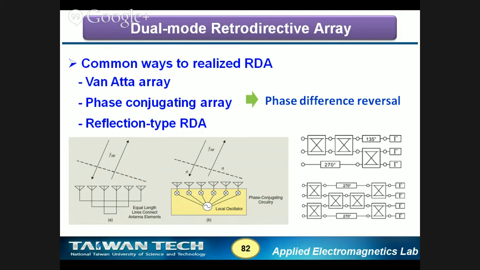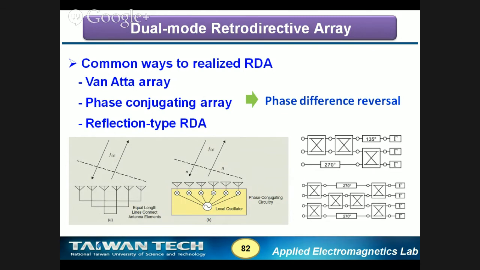The Van Atta array's idea is very simple. The phase you receive at the first element is transmitted from the last element. The phase you receive at the second element is transmitted from the second last element. And keep in mind, these connecting lines should be equal to an integer multiple of the guided wavelength, so the connecting lines have no effect.